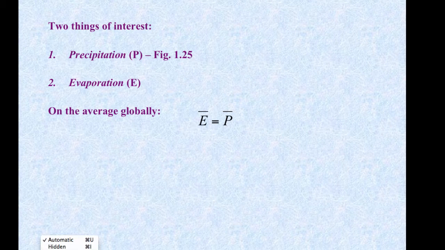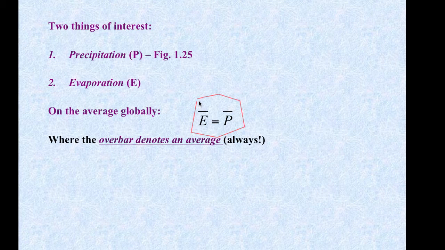Evaporation over the long term should equal precipitation, and we write that this way, and the overbar here is a way that we use often to denote some kind of an average. So the average evaporation equals average precipitation.